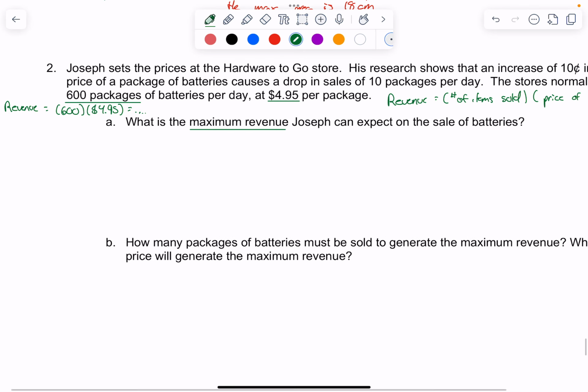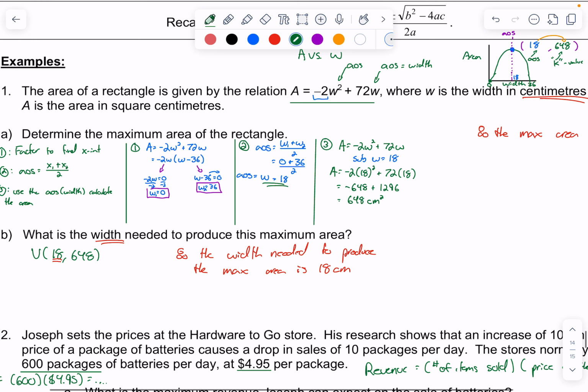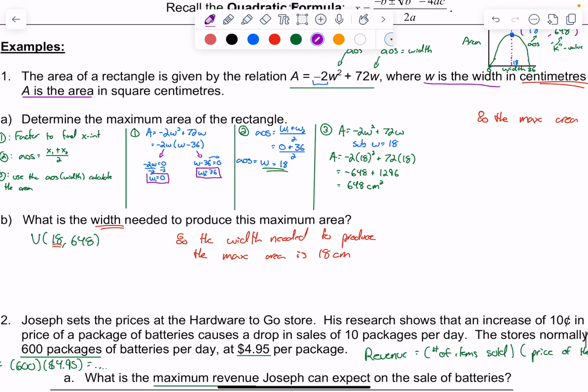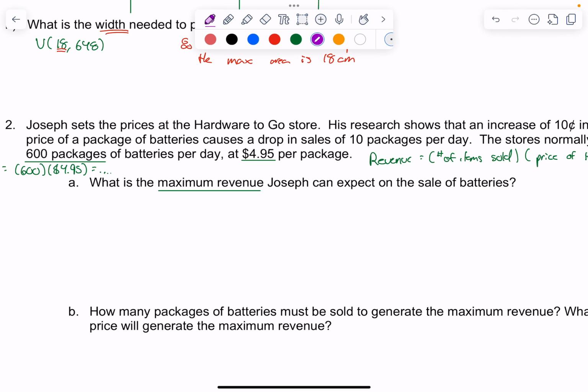Well, let's first define some variables here, okay? Because if you think about the previous problem, variables were defined for us. W is the width, A is the area. In this problem, nothing has been created. No variables have been defined. So let's say, let R represent the revenue. And revenue is money, so it has units of dollars.